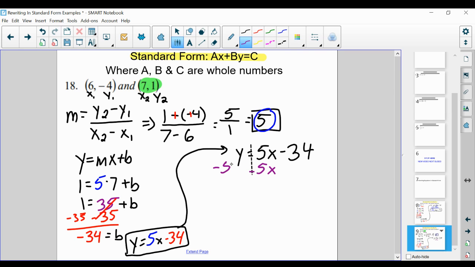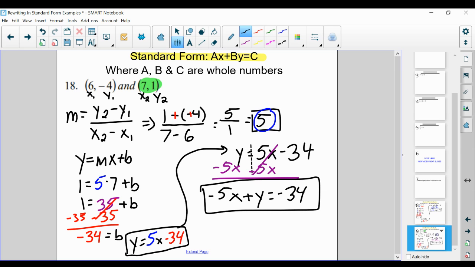So we subtract 5x on both sides. Therefore, those original terms cancel out. Negative 5x and y are not like terms, so we cannot combine them. So our final answer turns into negative 5x plus y is equal to negative 34.